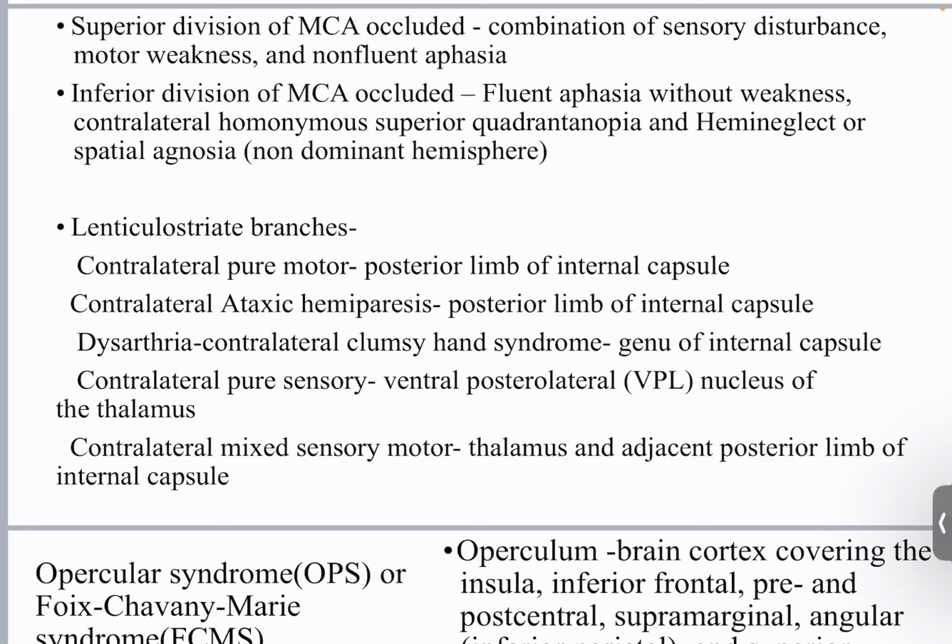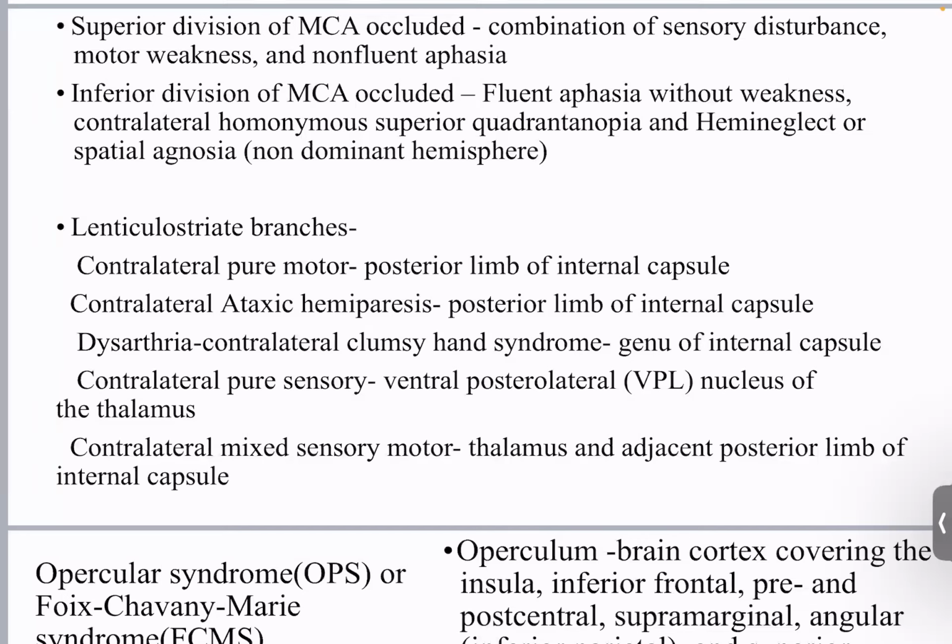So any occlusion of the M1 will cause problems in the Broca's area, so they cannot speak properly. It causes non-fluent aphasia. Whereas if the inferior division or M2 is occluded, there will be problems in the Wernicke's area. So comprehension alone will be affected, which is fluent aphasia.